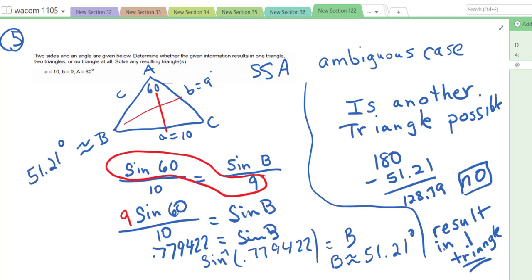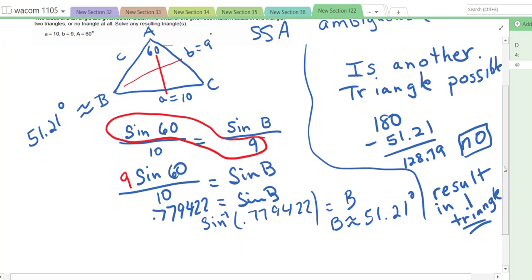Okay, so you had to think about that when you found this second angle, but it did not result in another triangle. Okay, let's see what else we have to find on this one.